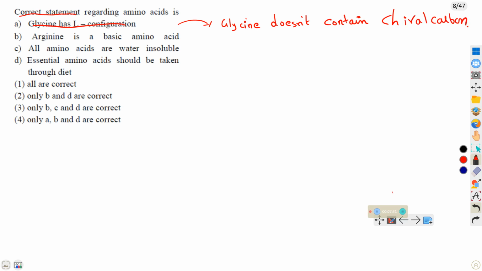That is, glycine is achiral, so that's the reason it does not have L or D configuration.